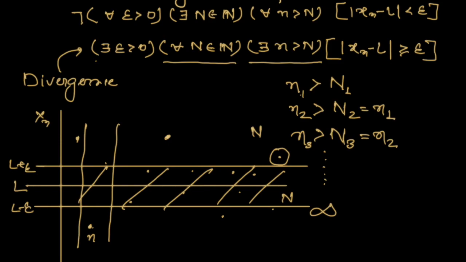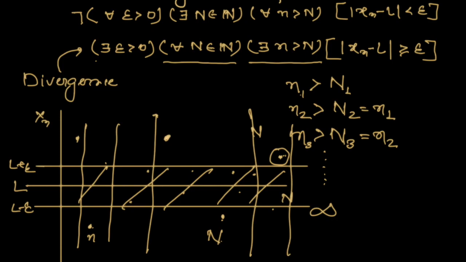We want everything to be inside this region, but we got an epsilon, unfortunately, so that no matter what natural number you take, you will always find a term which is outside this region. If you take this, you will get this. If you consider this capital N here, then you will again get one. And if you take again this term to be capital N, then again you will get a smaller n which is outside this region.